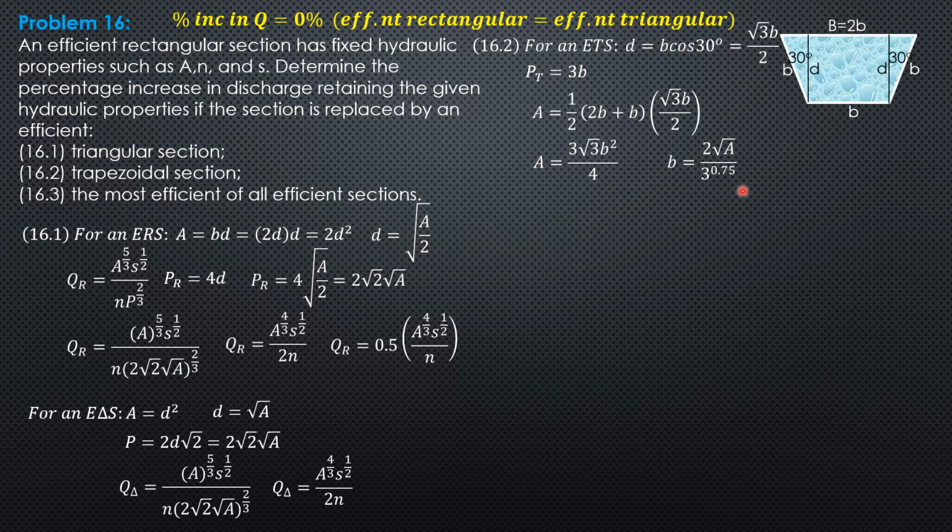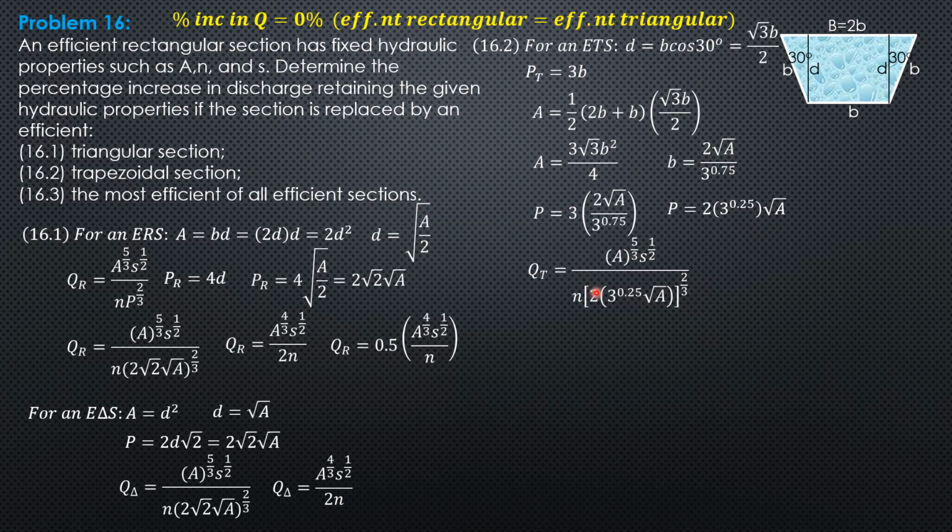Therefore, the perimeter is 3 times B, so it is 2 times 3 to the 0.25 square root of area. So substitute in the formula for discharge. Q equals area to the 5/3 S to the 1/2 over N, then perimeter, quantity 2 times 3 to the 0.25 square root of A to the 2/3.